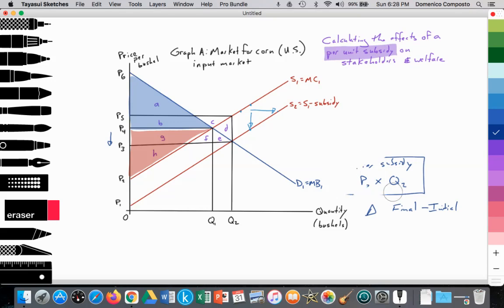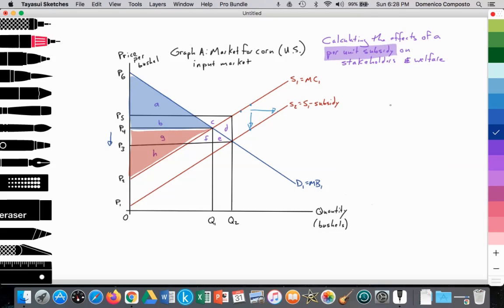Moving on, other calculations, looking at the consumer surplus with the subsidy and the producer surplus with the subsidy. So now looking at the market with the subsidy, calculating the consumer surplus.